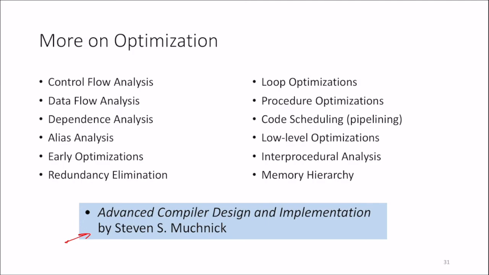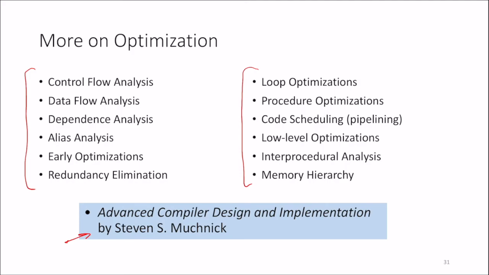It covers a lot of these techniques that are needed for code optimization in a modern compiler for a fully specified programming language like C++ or Rust or any of these general purpose programming languages. As you can see, there are a lot of topics. We have covered very briefly some of these topics, but by no means can we cover all of them in this course. So this would be a good topic to follow up on if you're interested in code optimization.